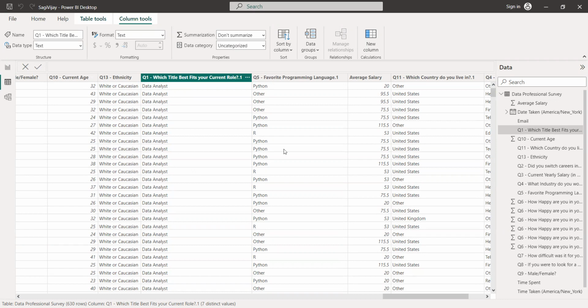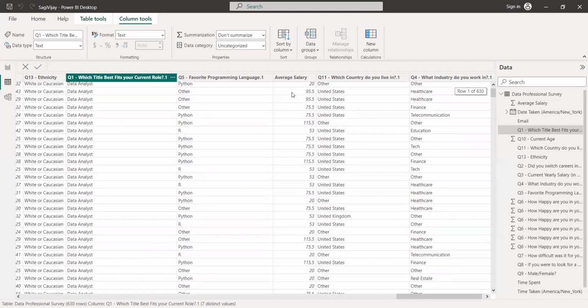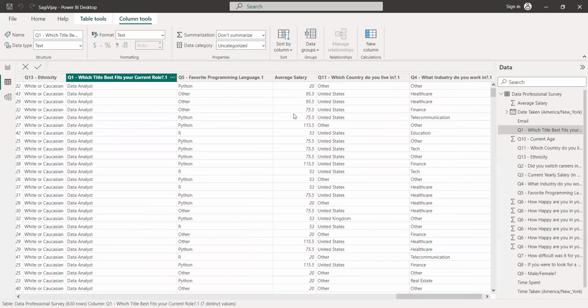As you can see, the average salary is shown in this way, at 95K. This is not the exact salary, but based on what was given in the form, this is the best way I felt the transformation of the data could be done. After that, I converted every one of them into whole numbers so that it would be easy to show in Power BI.